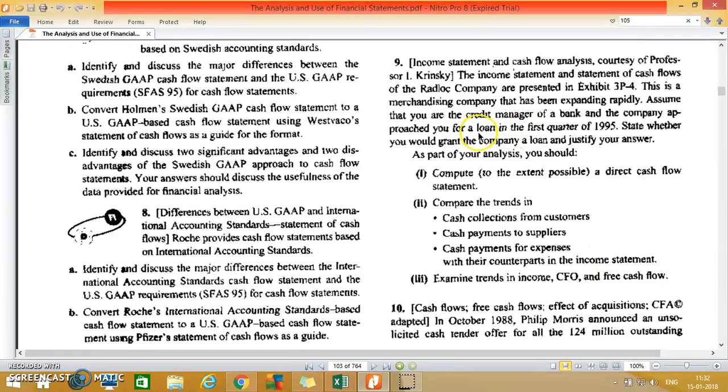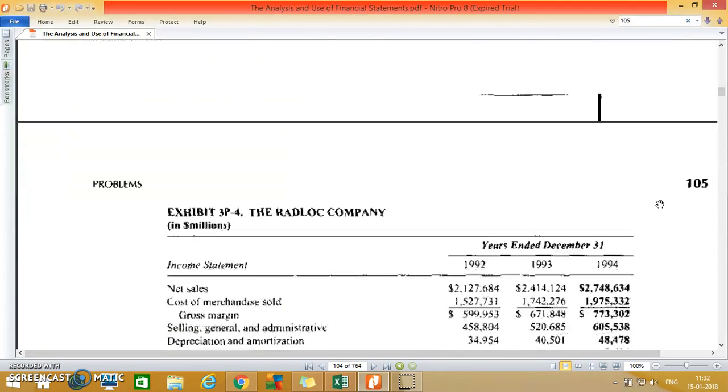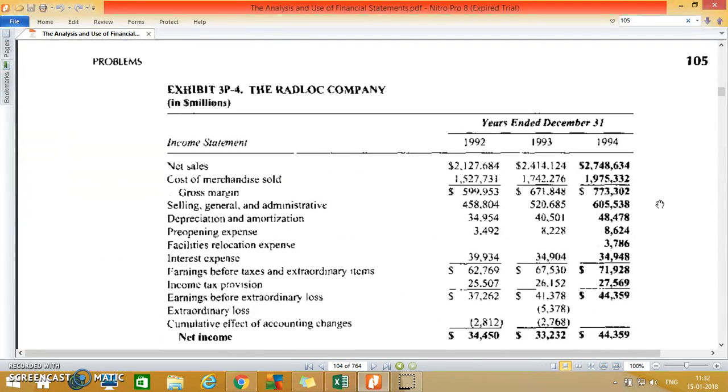Now, putting ourselves in the shoes of the credit manager of a bank, what is it that we will take away from this problem that we will be doing? The problem that has been given to us is the income statement of Radlock Company.